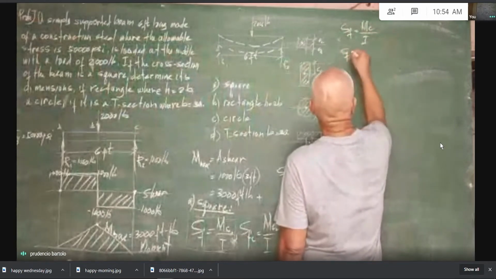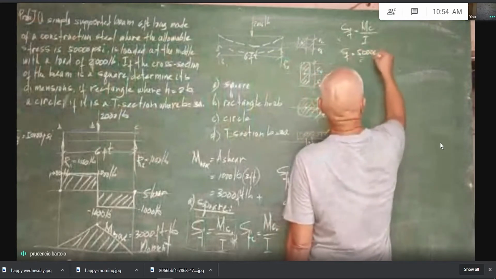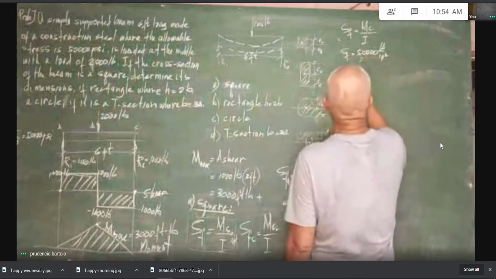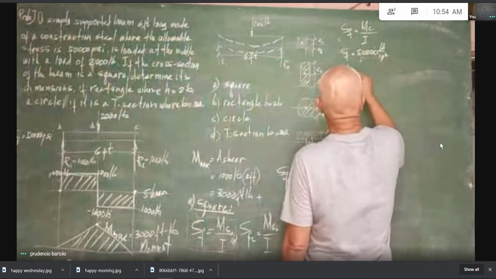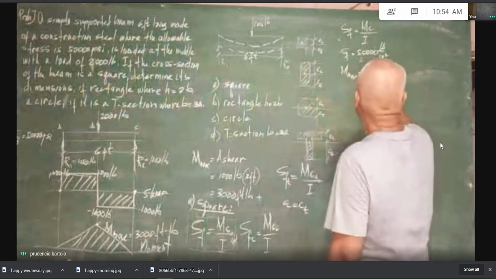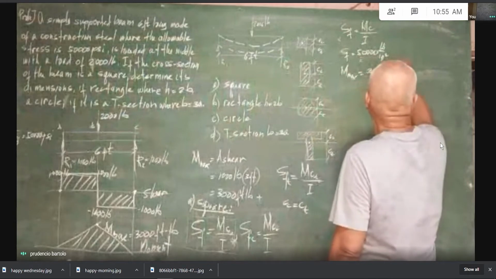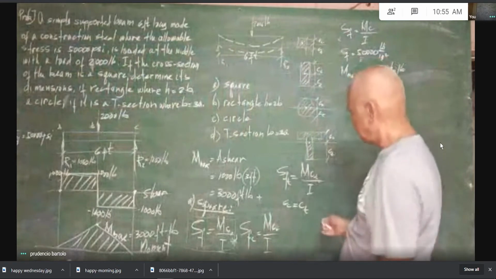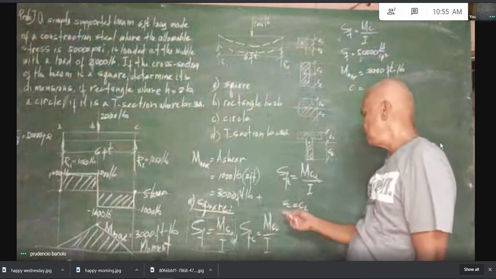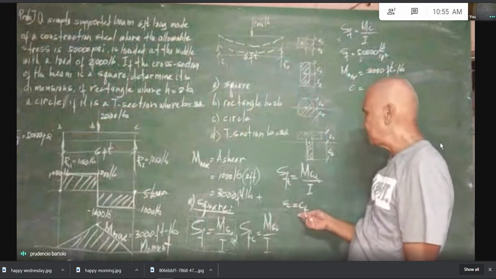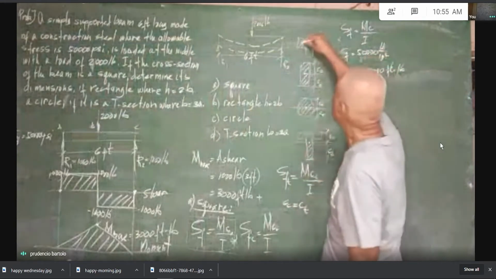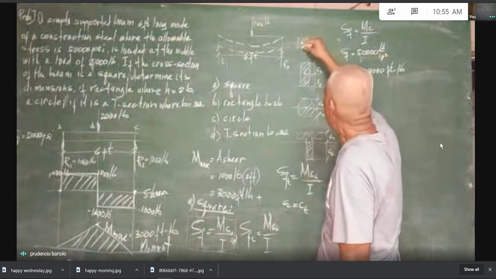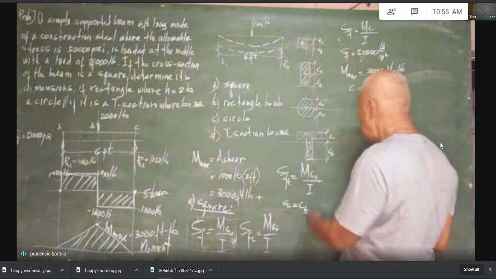We have the flexural stress at 50,000 pounds per inch squared. The maximum moment is equal to 3,000 foot-pounds. And the c, which is c under compression and c under tension, are equal. So it is from the centroid to the upper fiber or to the lower fiber, which are equal.